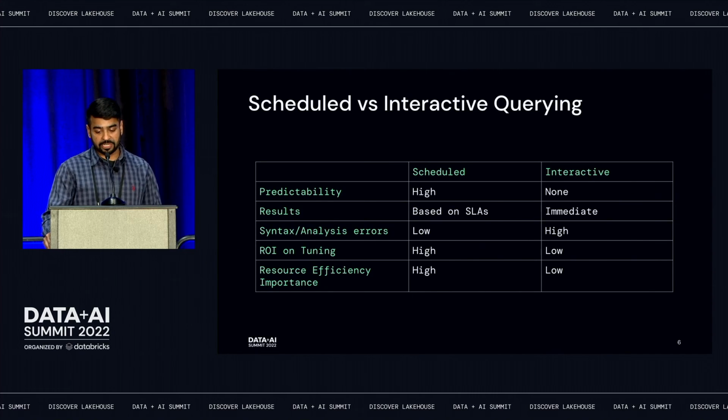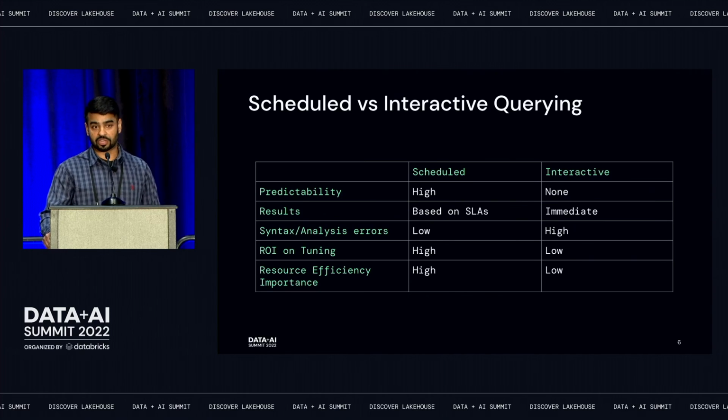Scheduled queries run on a predefined cadence. And so the time a particular query runs, the type of compute it does, data it accesses, resources needed are very predictable. However, with interactive querying, there is no such predictability. No one is waiting on scheduled query results. Sure, there are some SLAs.